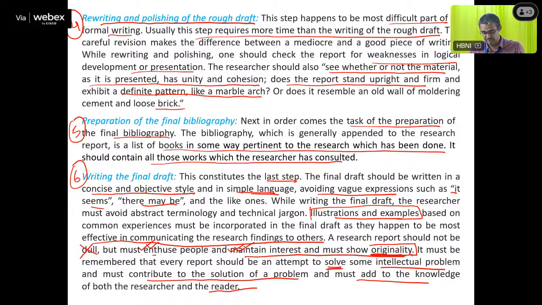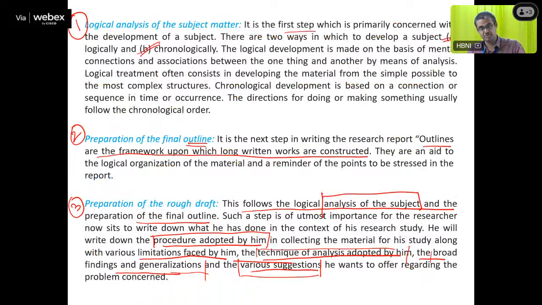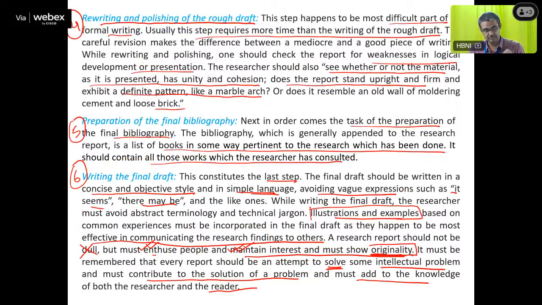So during your drafting, from the initial subject matter proposal to the final drafting, there should be coherence, concision, and a solution oriented to an intellectual problem.